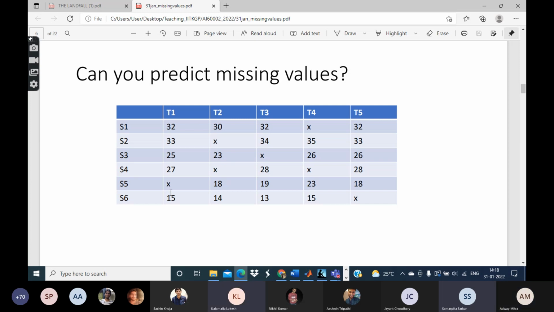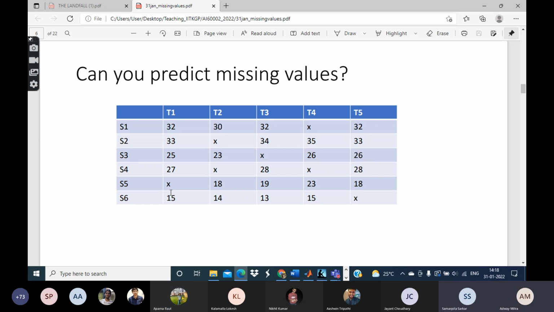In each time, mostly the measurements are decreasing. Like in T1 from 32 to 15, from T to 30 to 14. Okay, fine. That's a good observation. There are also repetitive observations like 32, 32.